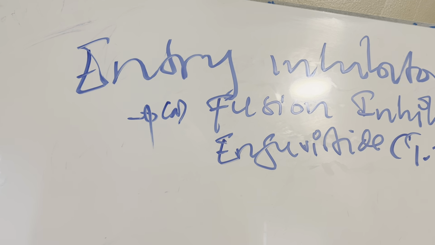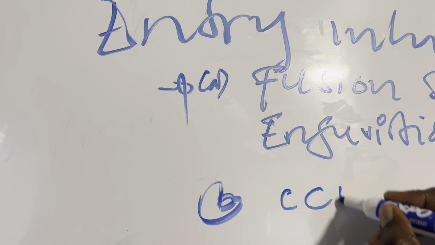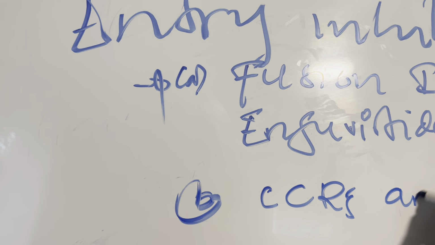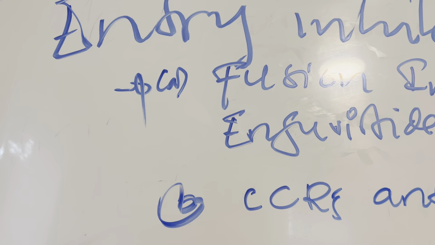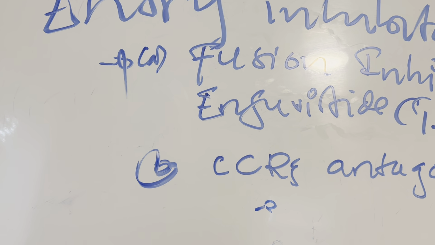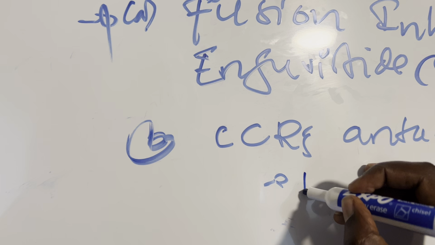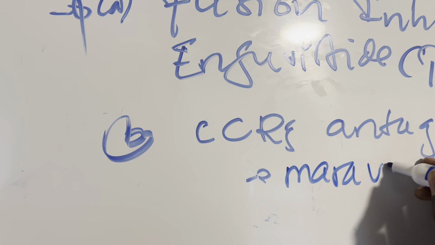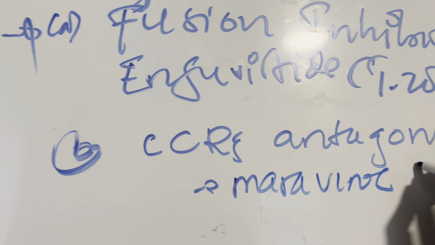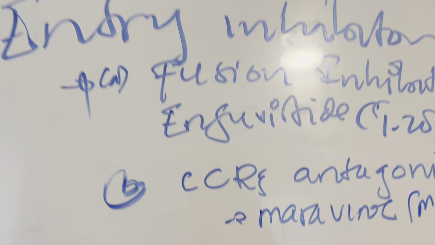And then the second group is what we call CCR5 antagonists. A good example is maraviroc, abbreviated as MVC.